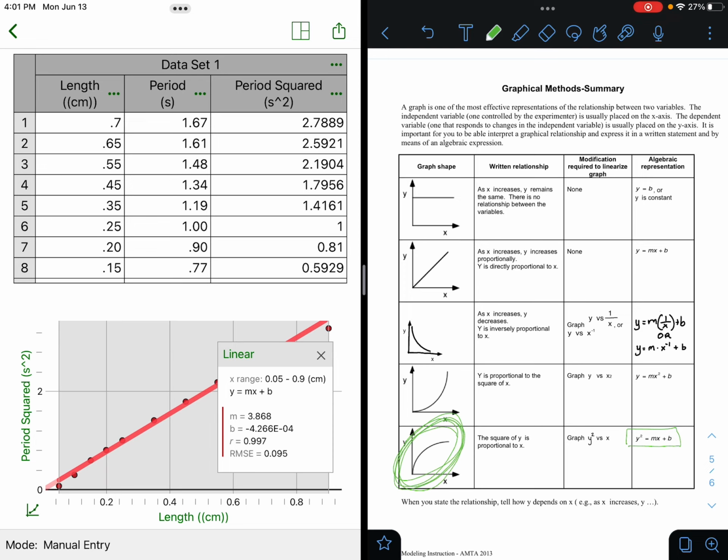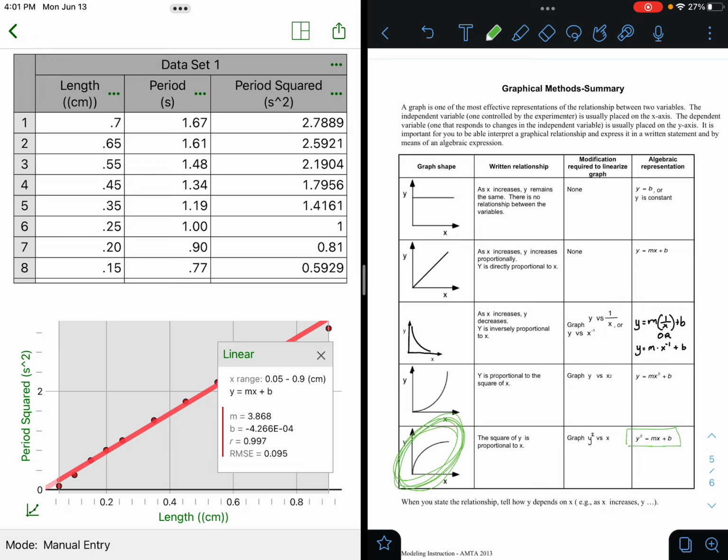So now, what am I going to do with this information? From this box, it gives me the slope value of 3.868, and my b value, which is a number times 10 to the negative 4th.